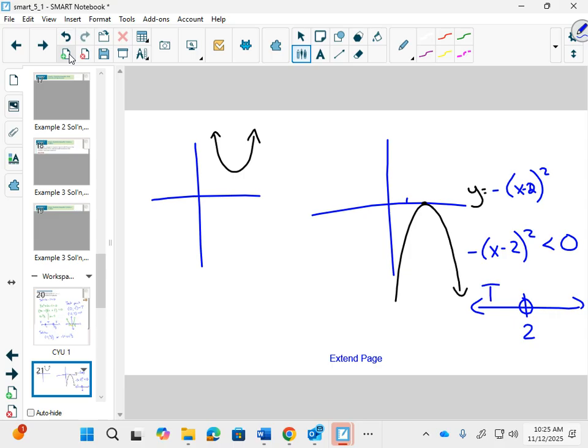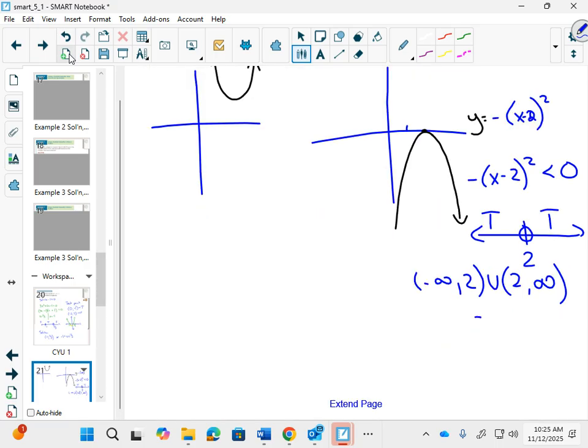And this section would be true, and this section would be true. So your answer would be from -infinity to 2, and 2 to infinity. Everything except x can't equal 2.